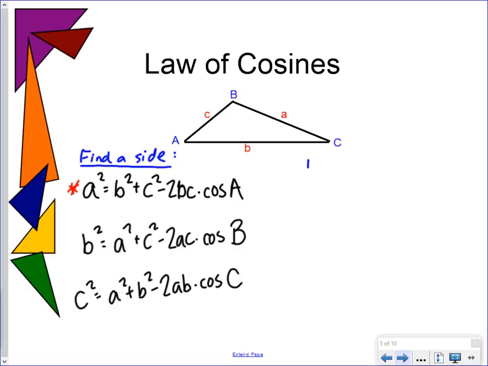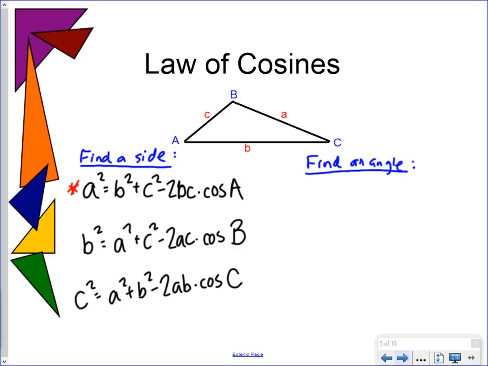But what if you're using the law of cosines and you want to find an angle? Looking at any one of those lines for the formula, what part of the formula would we like to solve for? The cosine of A, cosine of B, or the cosine of C.